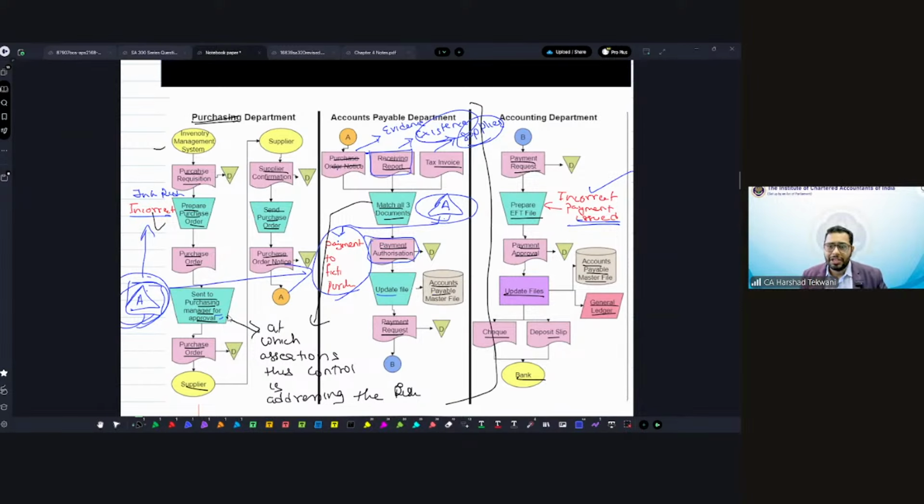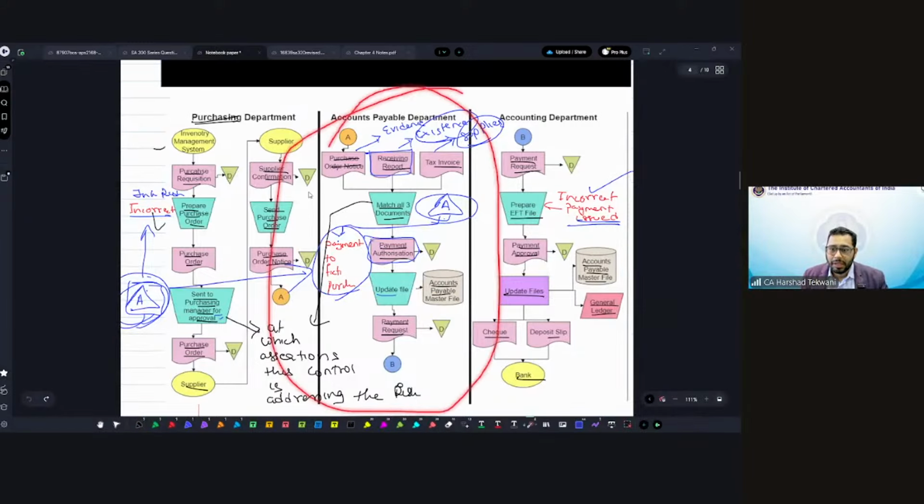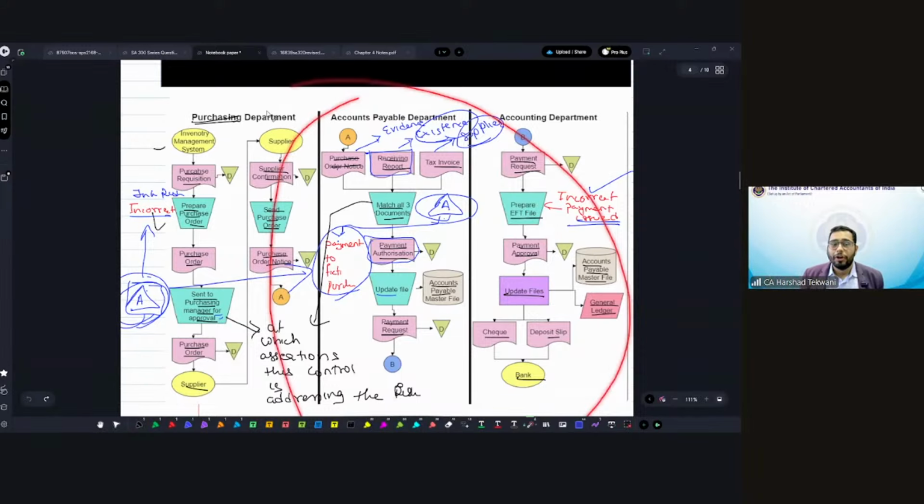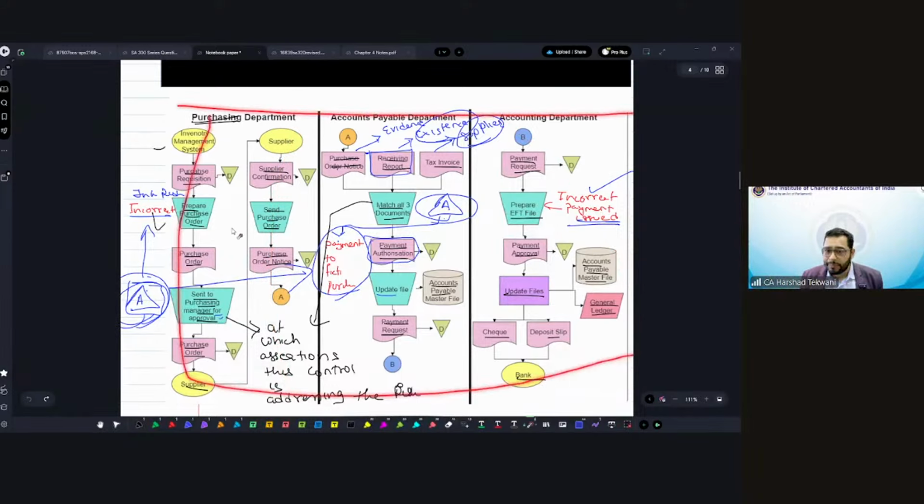Now, this structure that I'm talking about is the first element. This whole structure is your first element of internal control, which is the control environment, which contains a lot of things like how the overall structure is decided.